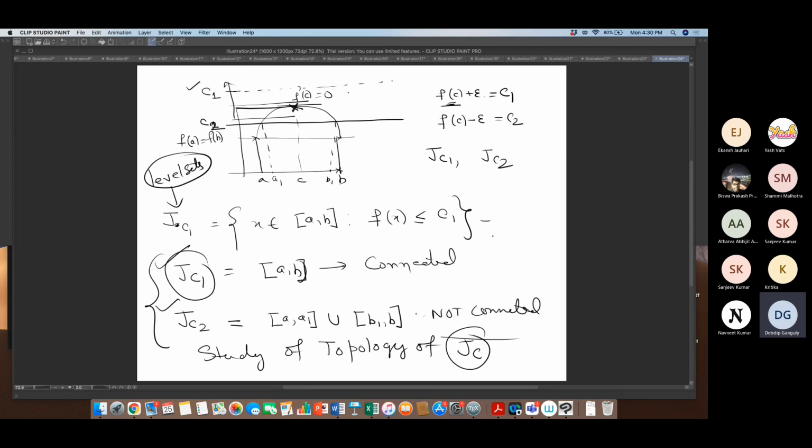But when you are in a higher dimension, in R2, R3, R4 or R^n, or in infinite dimension, connectedness is very easy to see in this interval, but in higher dimension you want to calculate the homology group of J_c or the fundamental group of J_c1 and J_c2. If there is a change in the fundamental group, that means there is a change in topology, that means there is a critical point.